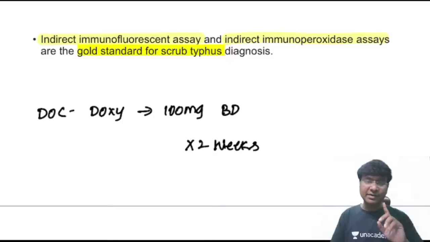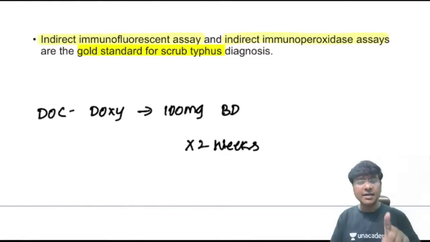So these are the important points about scrub typhus. I'll quickly revise. The organism is Orientia tsutsugamushi, transmitted by larval trombiculid mites, which is nothing but chiggers. The clinical manifestations are high-grade fever and headache. They will have relative bradycardia, at the site of bite you will have a black eschar, and the skin manifestation will be a macular rash.